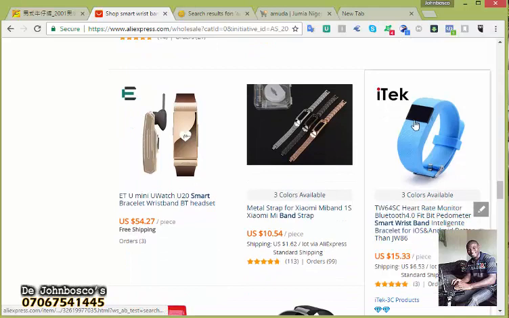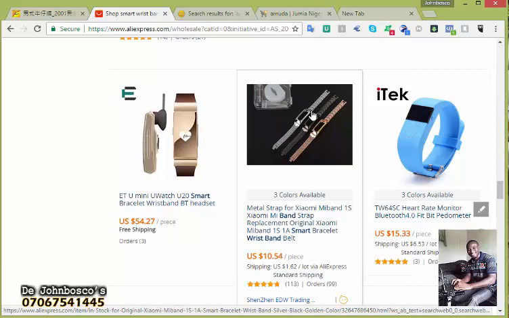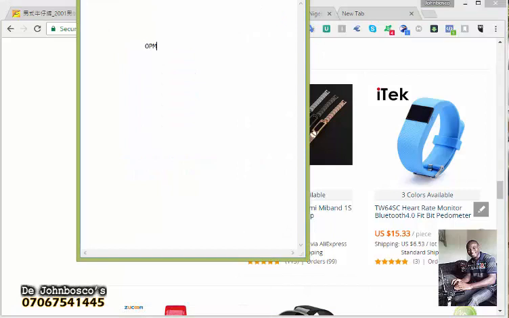Now let me tell you, to get this wristband, 1,000 pieces would cost you only about 100 to 200,000. Okay. Now, when they gave you 60%, I'm sure they should have given you about 300,000, if I'm not mistaken.